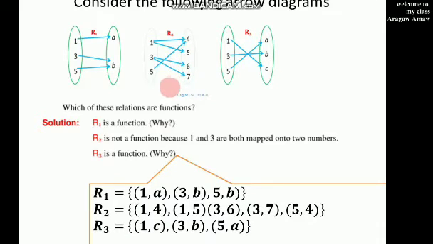It's not logical, and therefore it is not a function. On the other hand, 1 maps to 3, 5 maps to A, and 3 maps to B. Such a function is a one-to-one function.